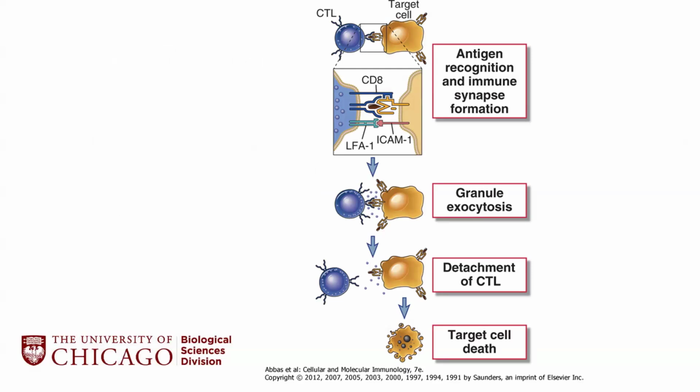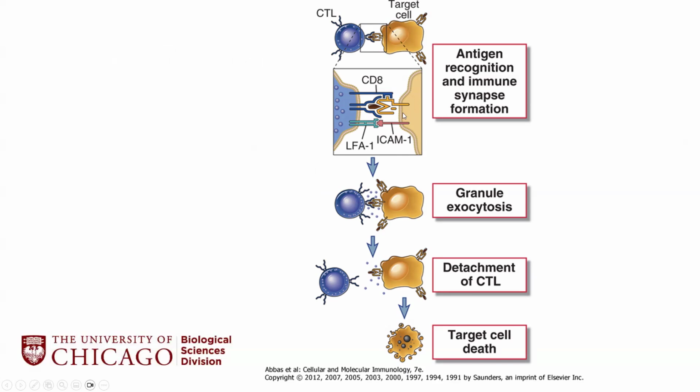So here is a nice demonstration of the stable adhesion that occurs between these two cells. You get the cytotoxic T lymphocyte, you get your target cell, which is presumably virally infected.